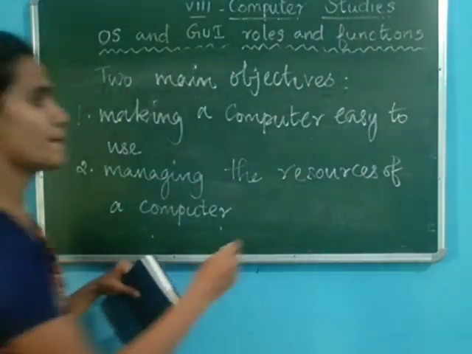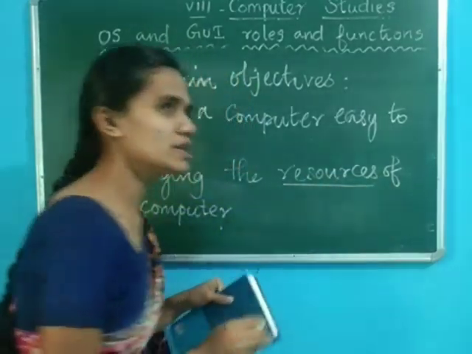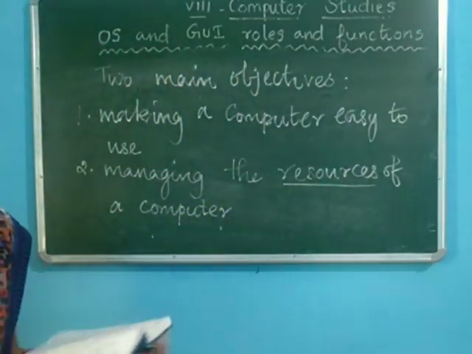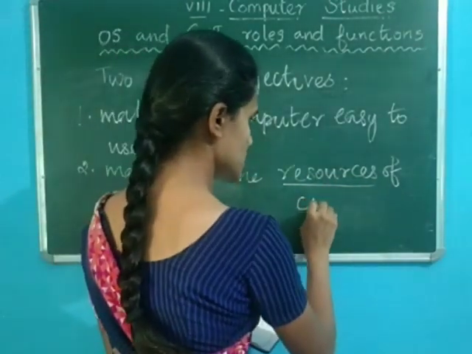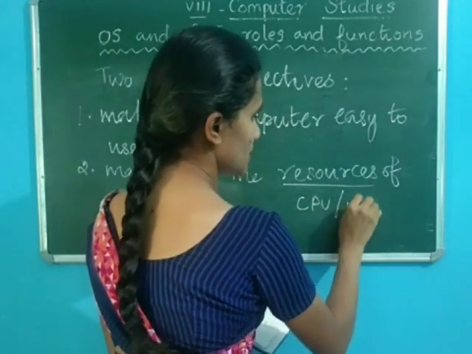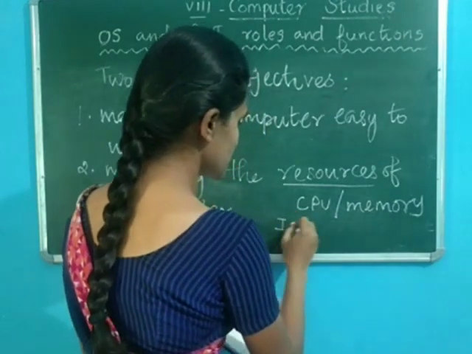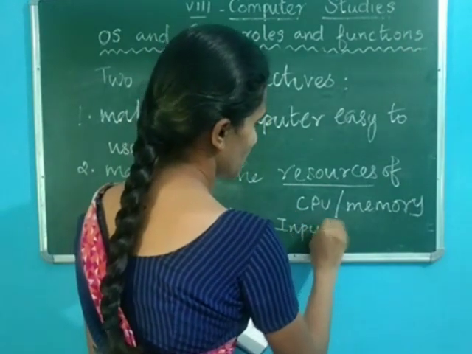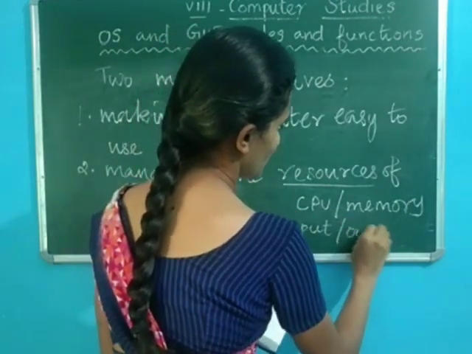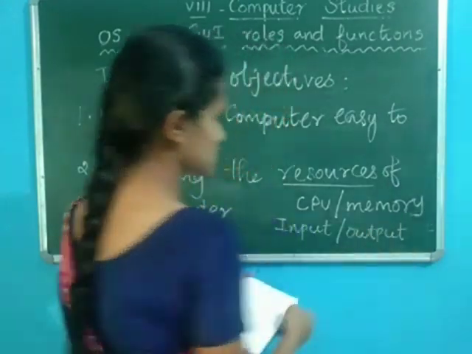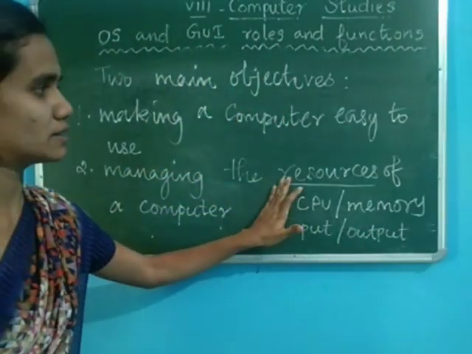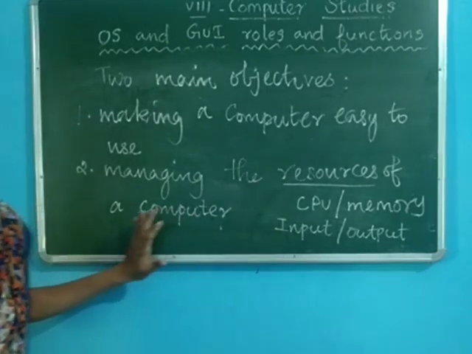Resources are the parts of the computer. What are the resources present in the computer? CPU is there, memory is there, then input output devices are there. All these devices are considered the resources of the computer.